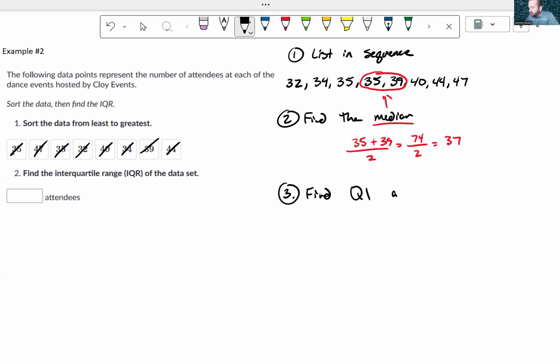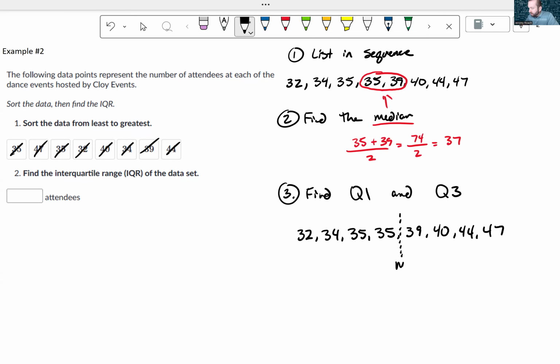Find Q1 and Q3. I'm just going to quickly rewrite the list and show you how we write the median for this in terms of how we're separating this so we can accurately find the quartiles. So the median is here.